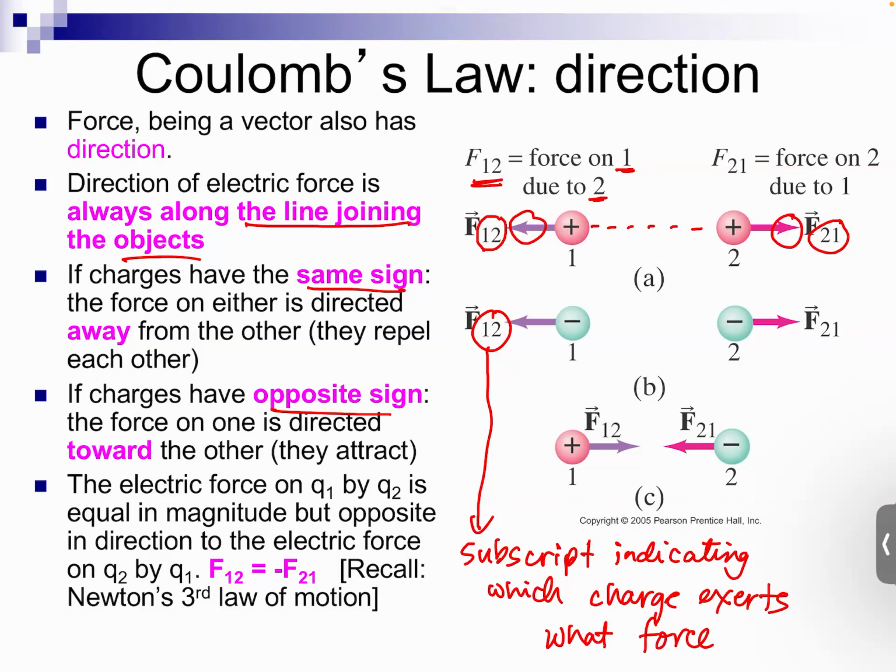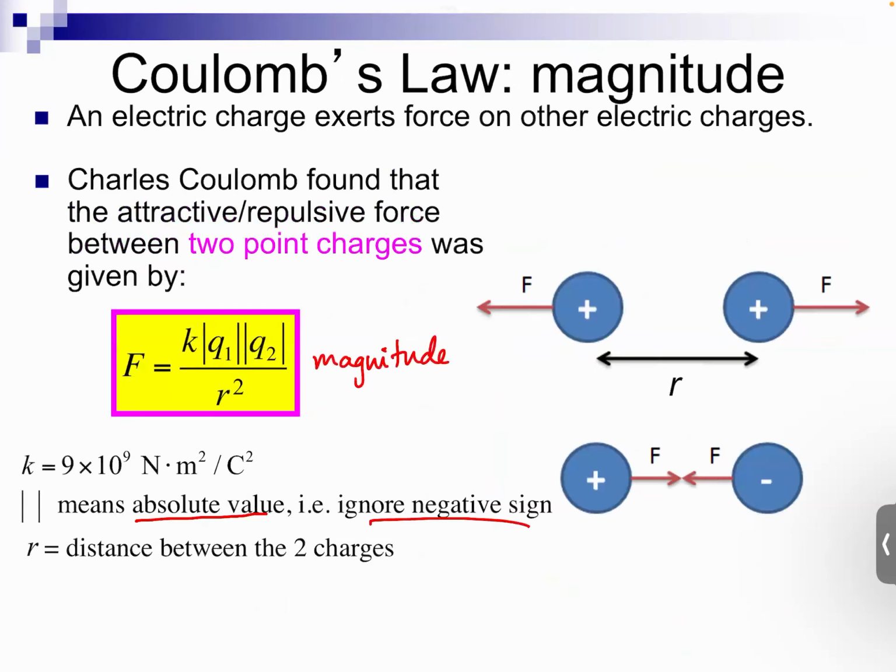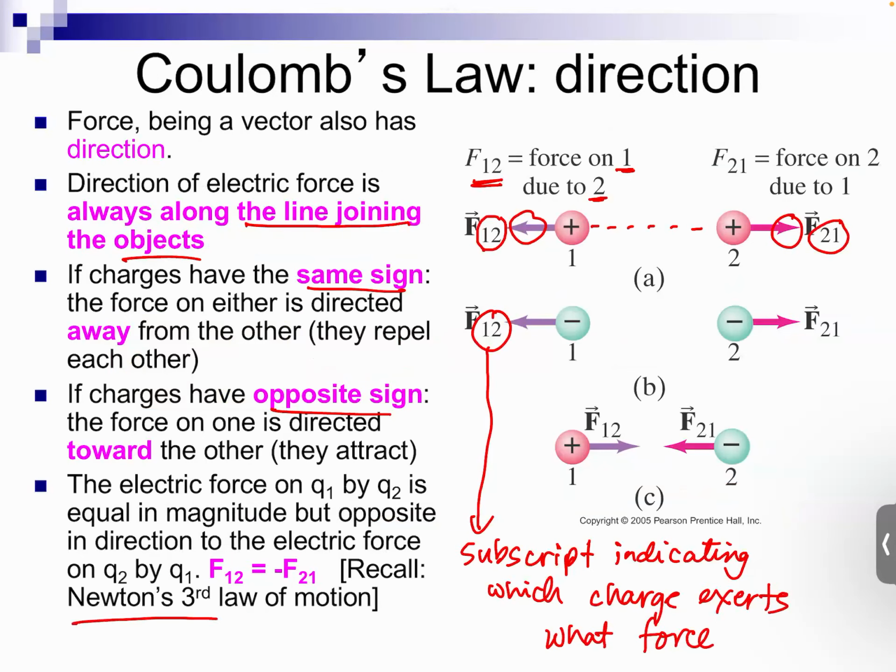The notation we will use is F12 means it's the force on charge 1 exerted by charge 2. Calculate the magnitude of the force using Coulomb's law, remembering the 3rd law of motion, that the force exerted by charge 1 on charge 2 is equal in magnitude but opposite in direction to the force exerted by charge 2 on charge 1.